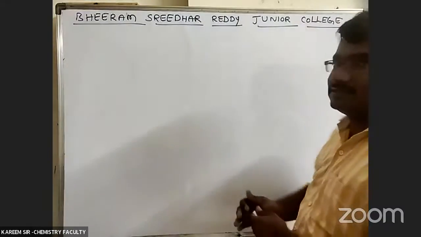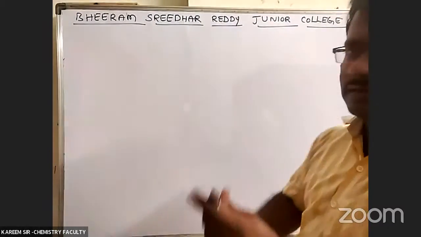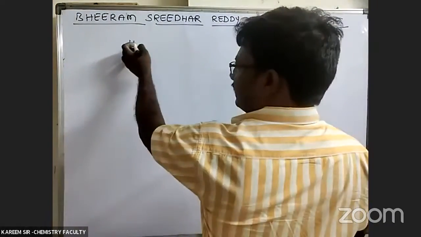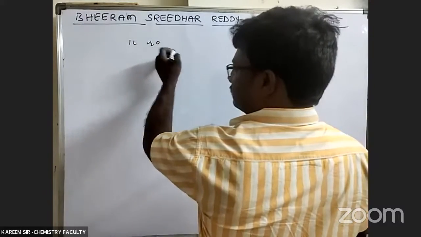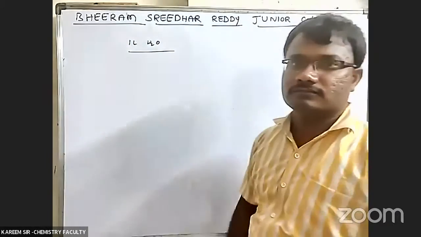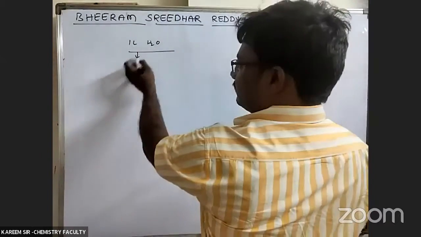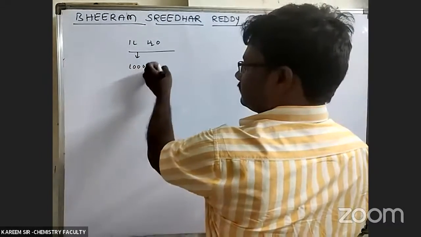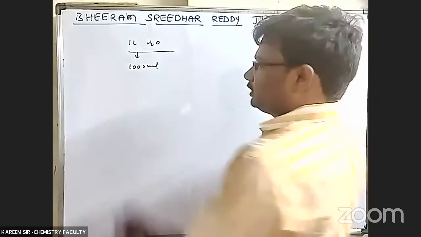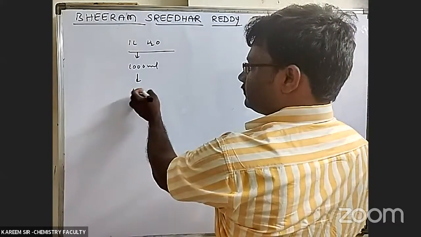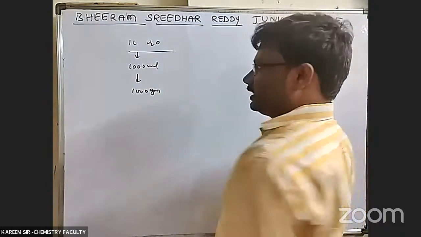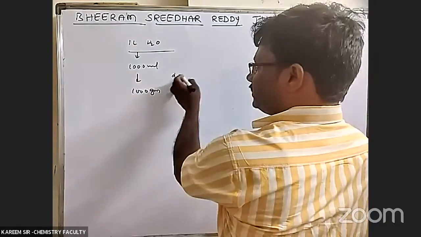So once see here, simple. I gave 1 liter water. 1 liter water means 1000 ml. 1000 ml means 1000 grams because the density of water is 1.